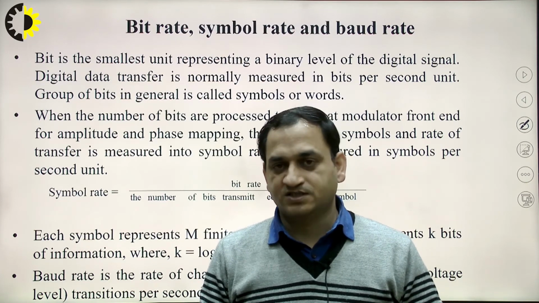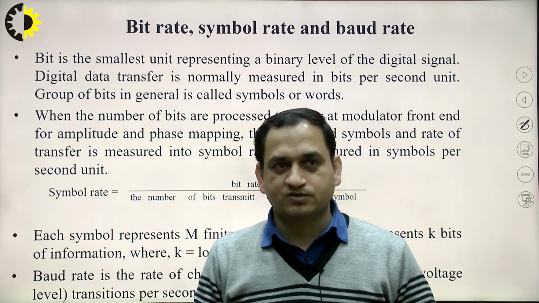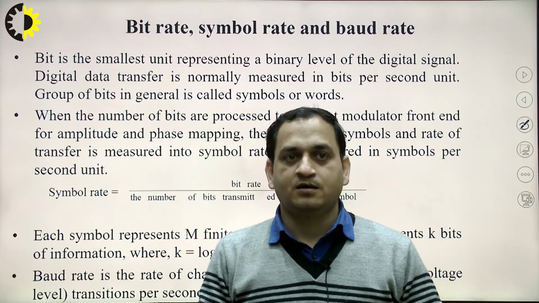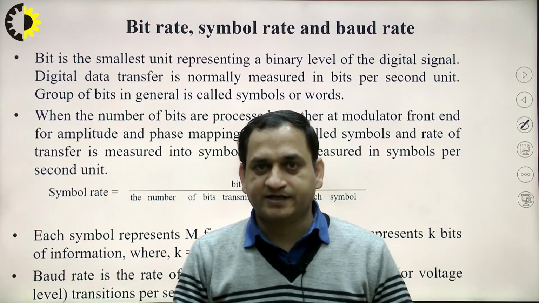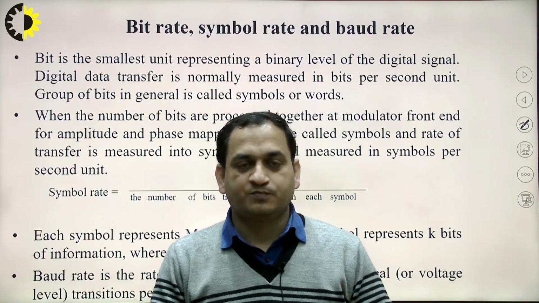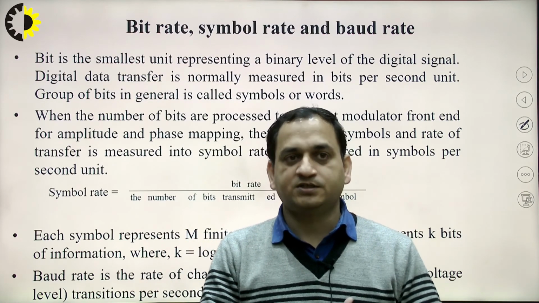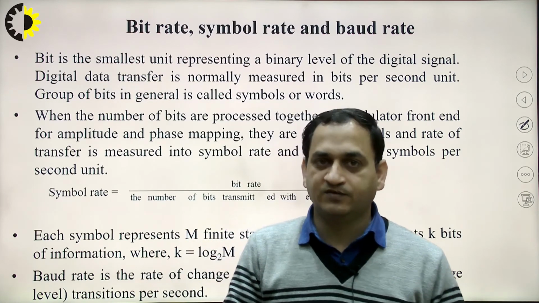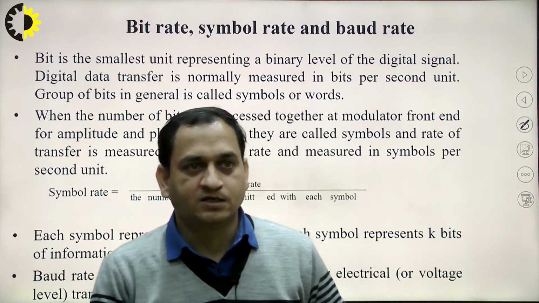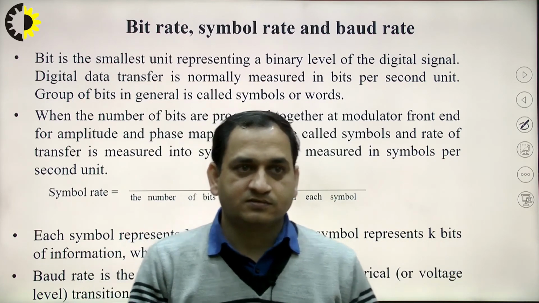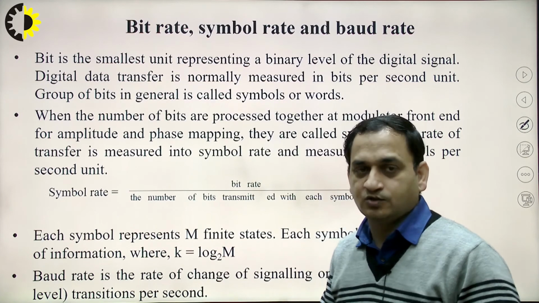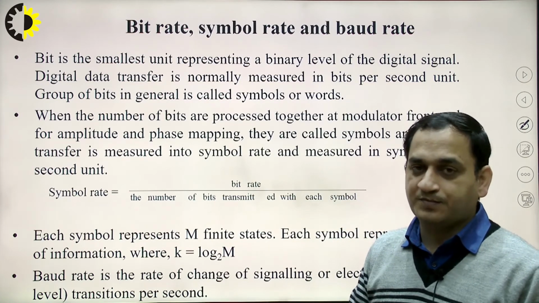Some terms are also there: bit rate, symbol rate and baud rate. A bit is the smallest unit representing a binary level of a digital signal. Digital data transfer is normally measured in bits per second.